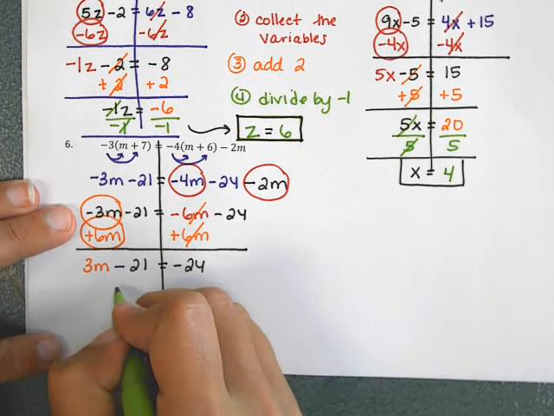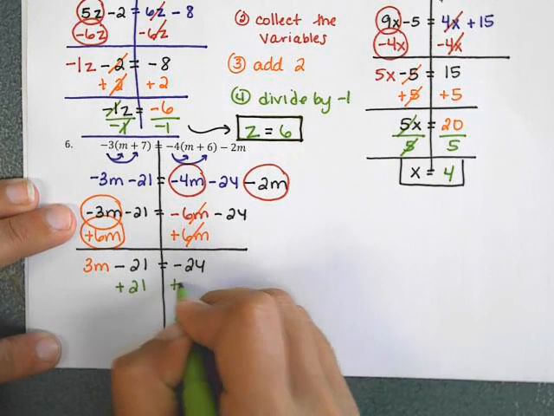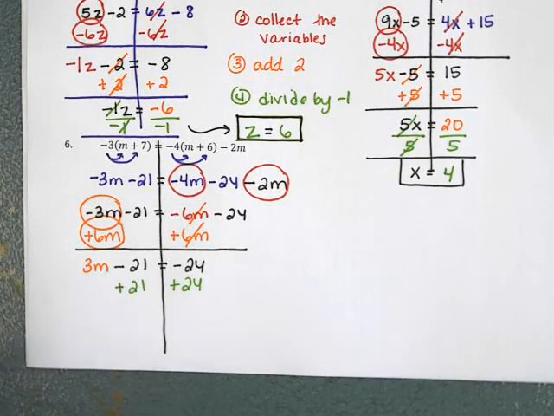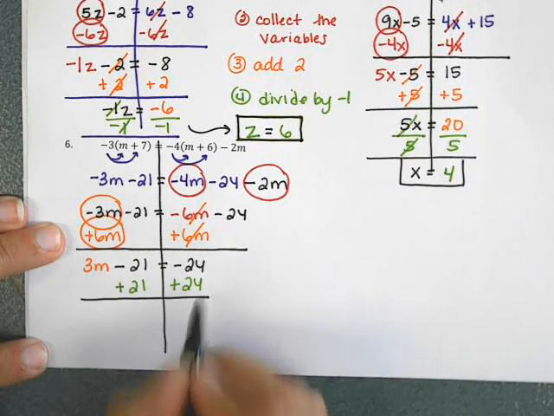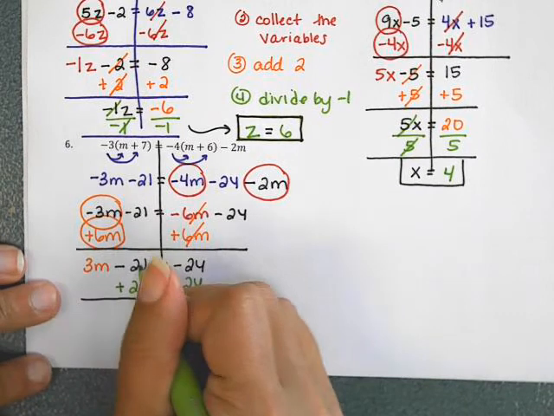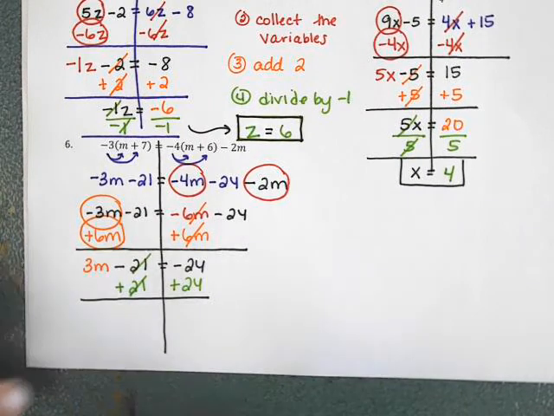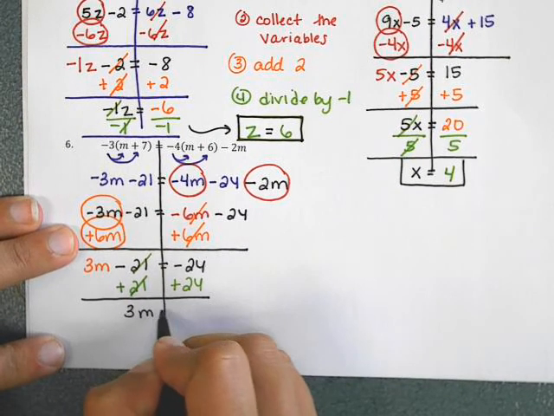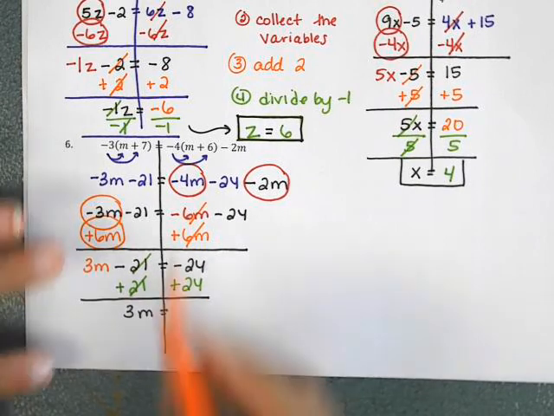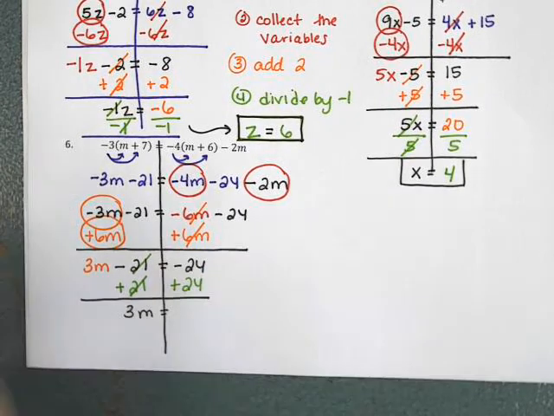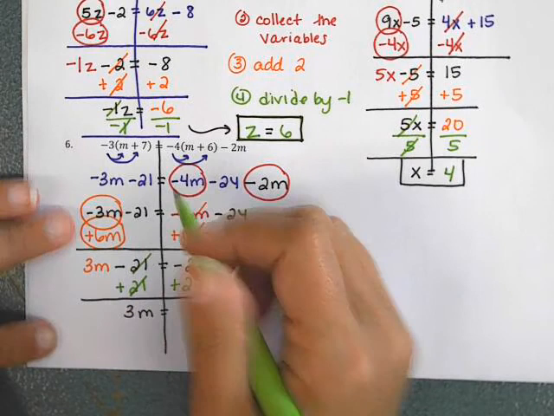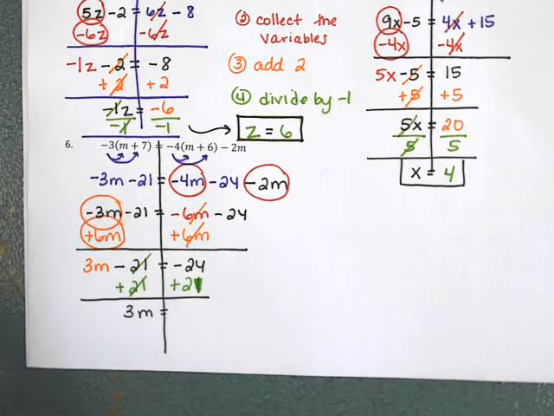Next, I'm going to add 21 on both sides in order to start getting m by itself. On the left side, the 21's cancel, and I drop down the 3m. On the right side, this should just be a 21. Okay, fixed it.